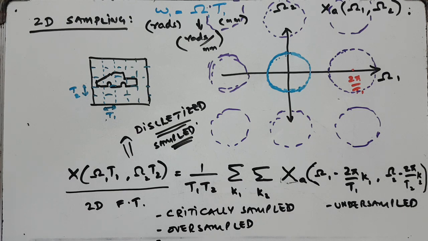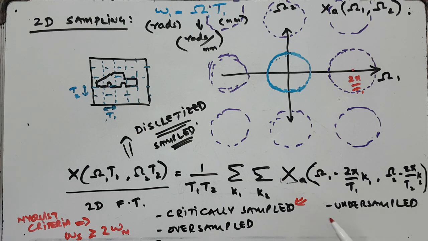And we know that the Nyquist criteria dictates that the sampling frequency should be greater than or equal to double the maximum frequency contained in the input signal. So critically sampled is when this criteria is just met, which is sampling frequency is double the maximum frequency.